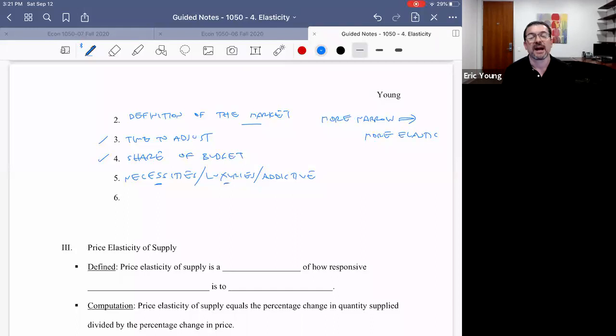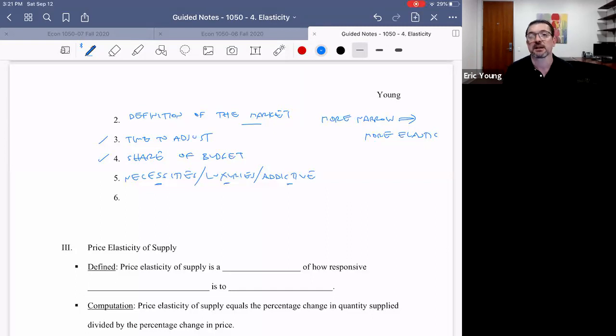Luxury goods, on the other hand, you can sort of do without. They might be nice to have, you might really crave one, but you don't need it. And especially because many luxury goods tend to be expensive, take up a larger share of your budget, luxury goods will be more elastic.